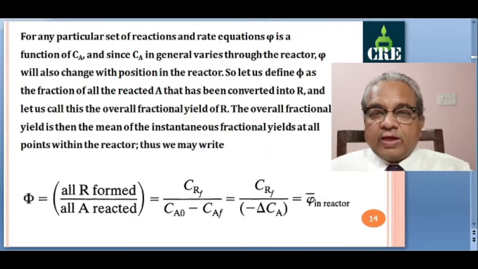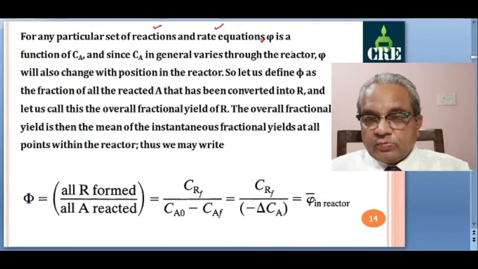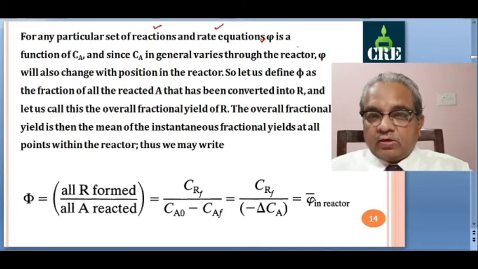For any set of reactions you will have rate equations, and phi is a function of Ca, the concentration of A. Since Ca in general varies through the reactor, phi will also change with the position in the reactor in case of plug flow conditions.